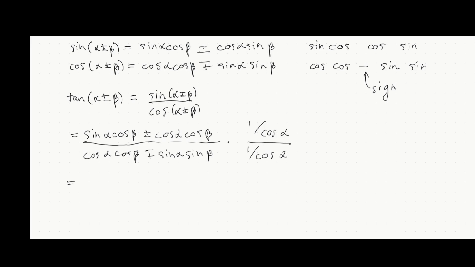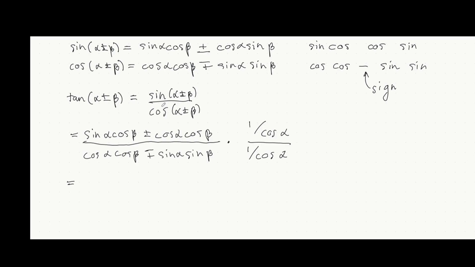Assuming cosine is not 0, but if cosine was 0, then that would mean that the angle is plus or minus 90 degrees, in which case we could just apply a shift of our tangent function, and that's going to be a nice number that we can easily shift. So divide through on the top by cosine alpha.